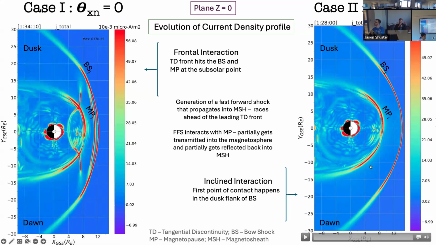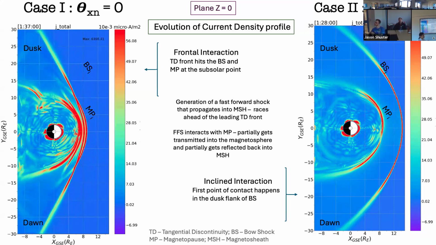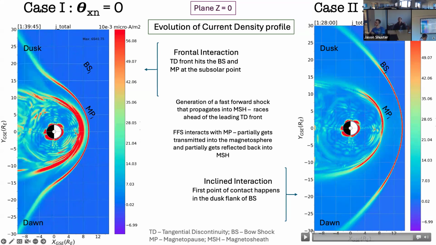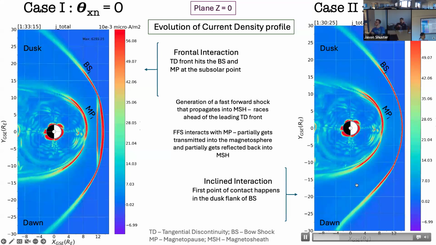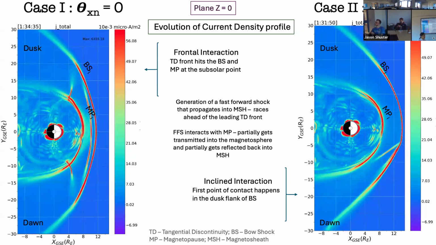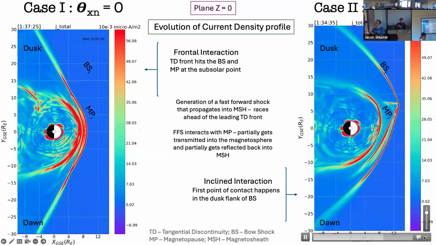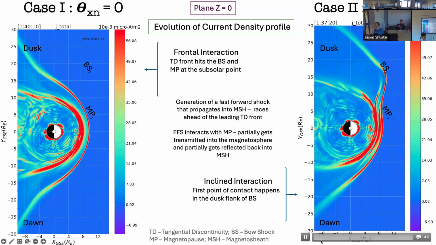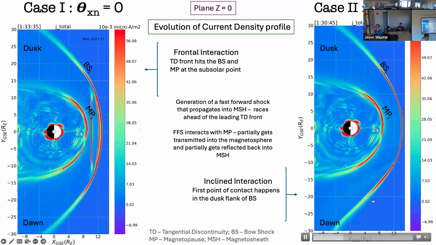A similar thing happens in the inclined case as well, but for this case, the first point of contact would be at the dawn side. And the discontinuity then propagates from the dawn region to the dusk region. But in the process, this is the point that it interacts.